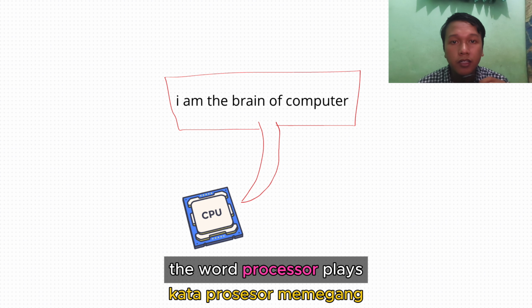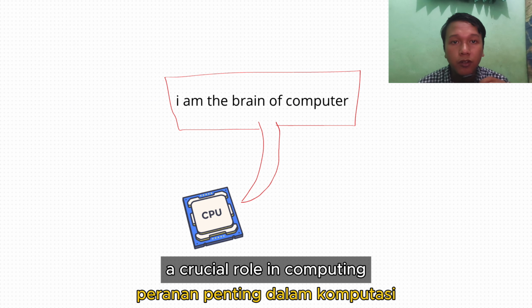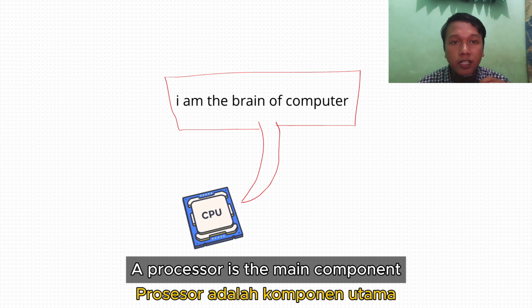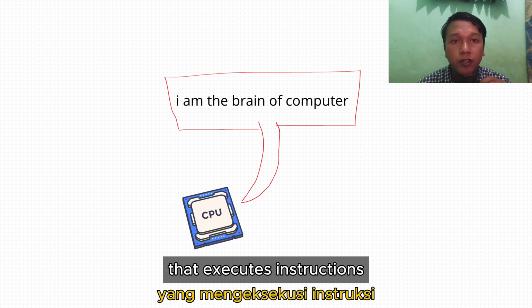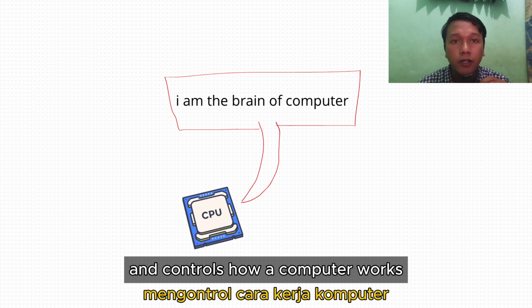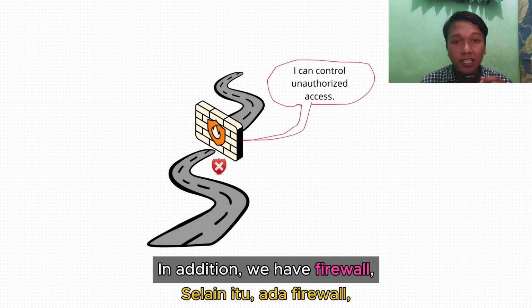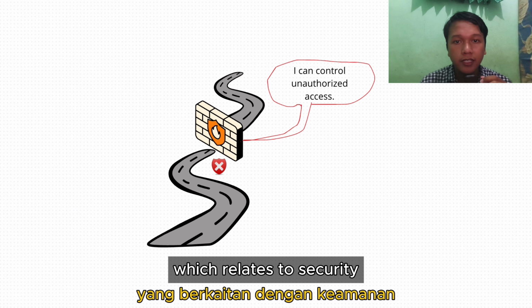After that, the word processor plays a crucial role in computing. A processor is the main component that executes instructions and controls how a computer works. In addition, we have firewall, which relates to security.